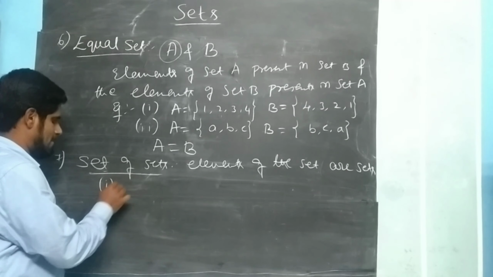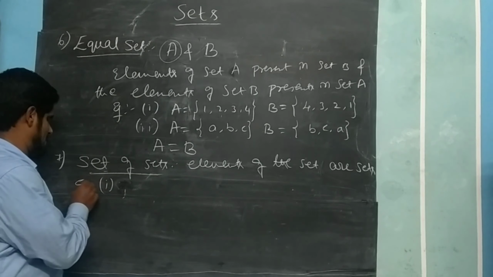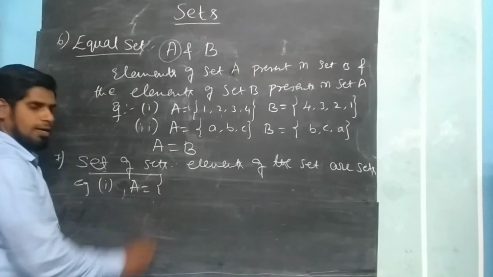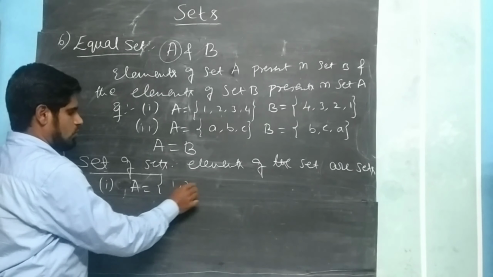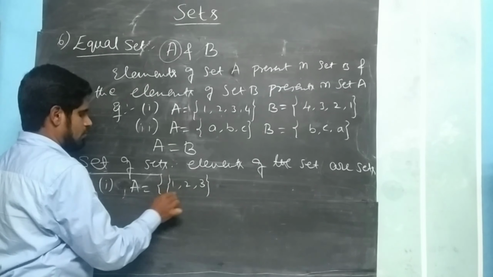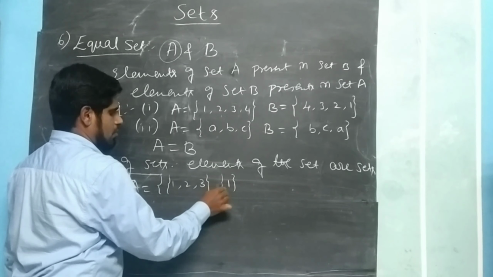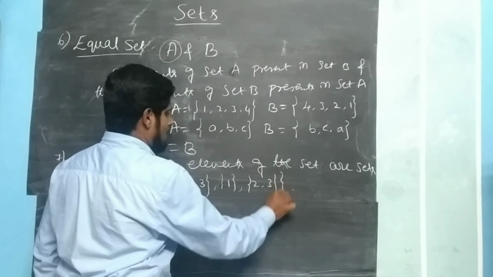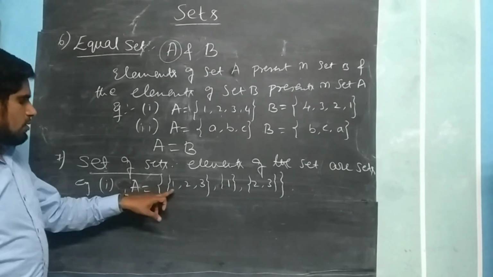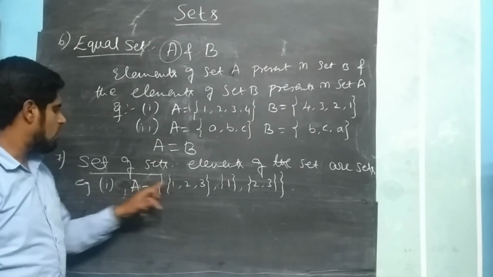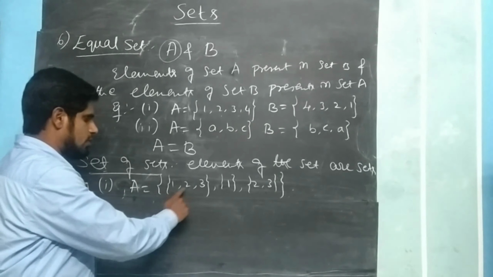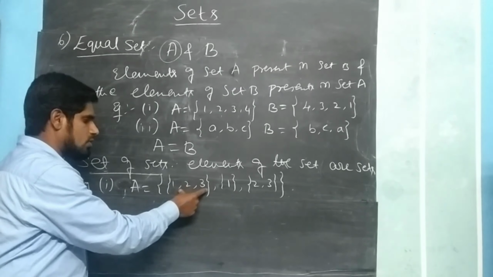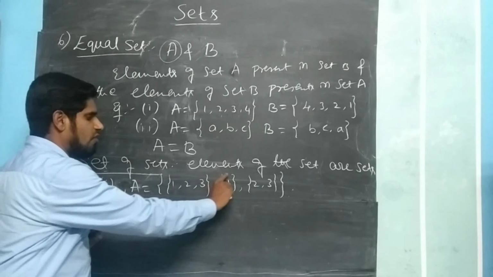Example. If A is a set, it has elements {1}, {2}, {3}. These 3 are the elements of set A, and all these 3 elements are again sets, because all those elements are again between brackets.